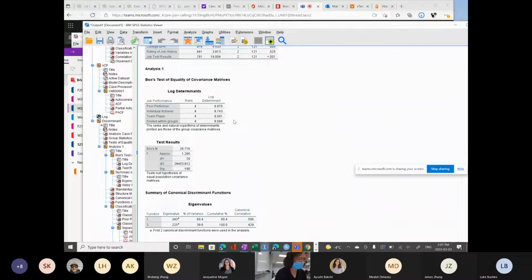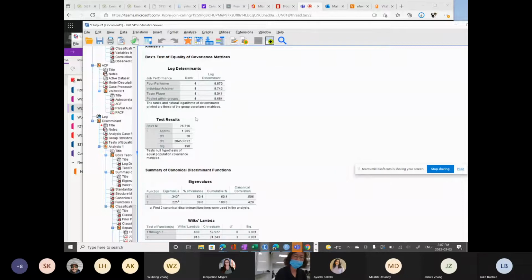And we have this log determinant. Basically, we hope the log determinants are as close together as possible, because we want to satisfy equal variance from the Box's M test. So this is this table. And in the next table, test results, Box's M is 26. If you look at the significance, what does Box's M measure?